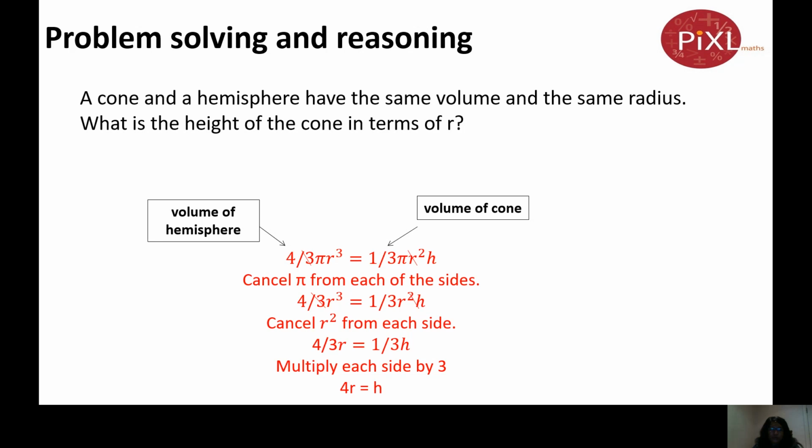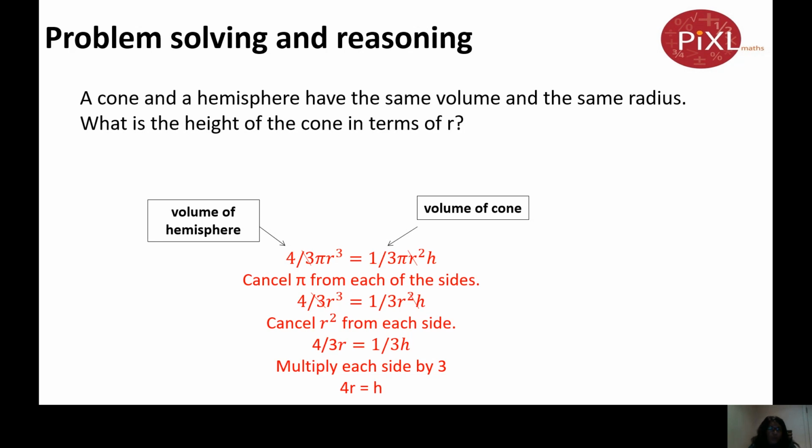Then we cancel the pi's, and then we cancel the r squareds, and then we have that.